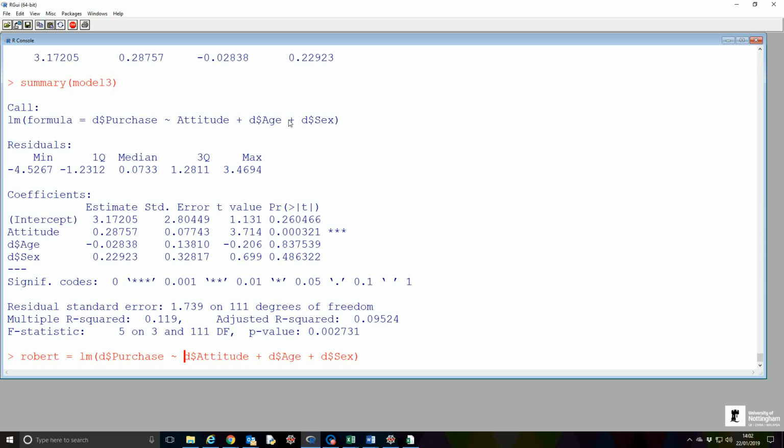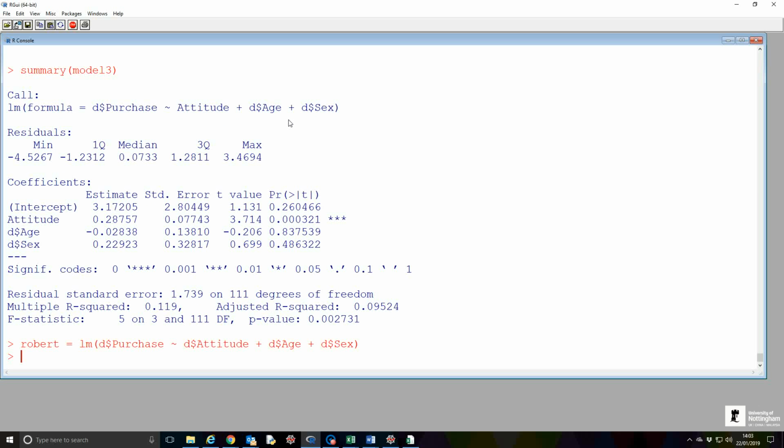Then we put a tilde, and then we have the independent variables in our preference order. Exactly. The reason we don't have an equals here is because we're not saying it equals this, we're saying it is estimated by whichever independent variables we think theoretically, or through data mining, might be relevant. And then that's it.